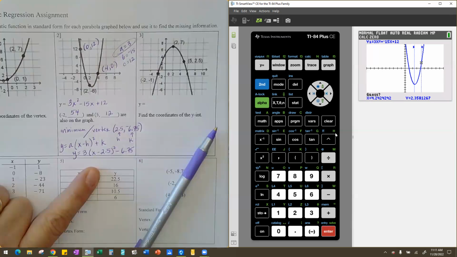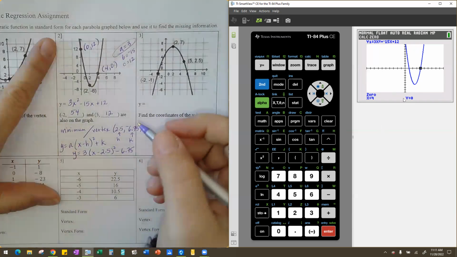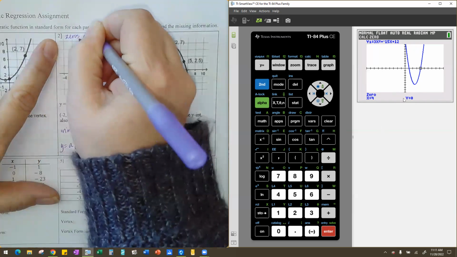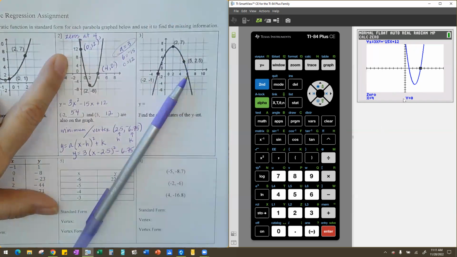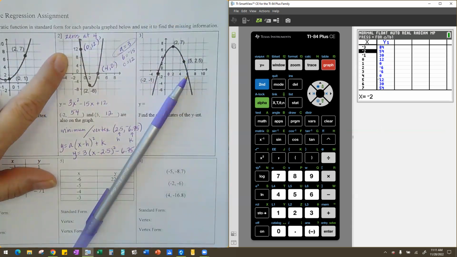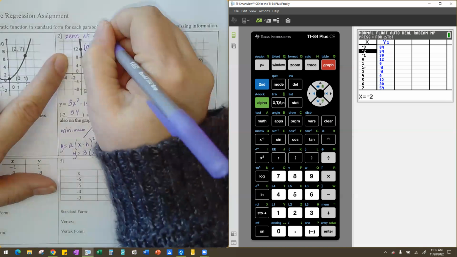In between there and there, it does cross the x-axis when x is 4 and y is 0. So there's a zero at (4, 0), and you can do the same thing choosing a left and right with second trace. You can also look at the graph and see y is 0 when x is 4 and also when x is 1.